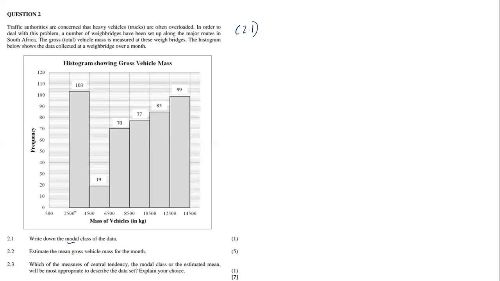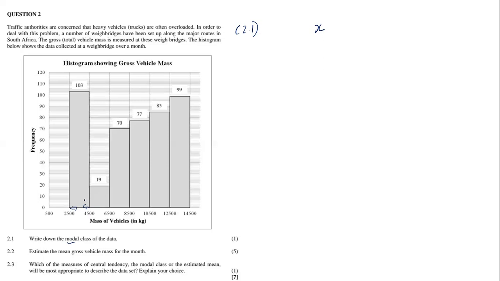The modal class of 103 is 2,500, whereby our x is between 2,500 and 4,500. So to answer this question, we're going to say our modal class is whereby x is what? Look, when you move from 4,500 in this direction, you become less than 4,500.